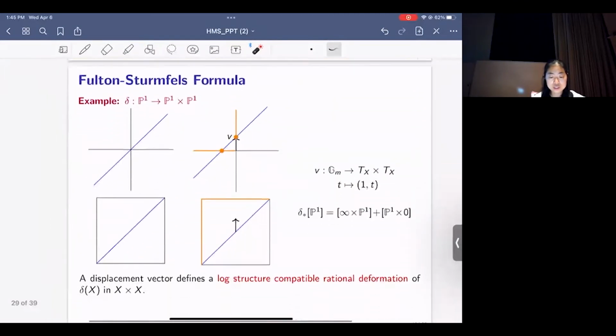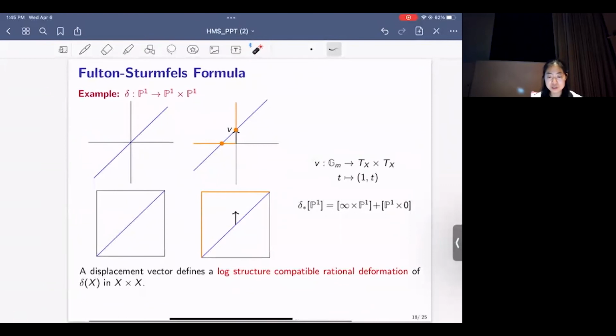Here is an example, the same as the one Bernd mentioned in the morning. Suppose we consider P1 mapping to P1 × P1, and the fan map sends A1 diagonally onto A1 × A1.